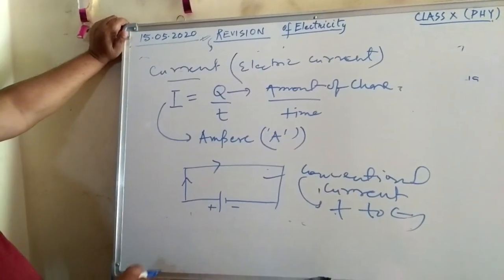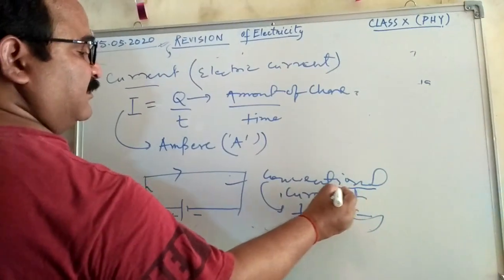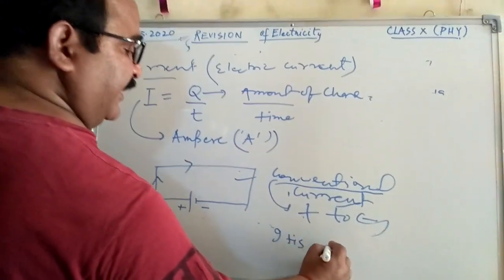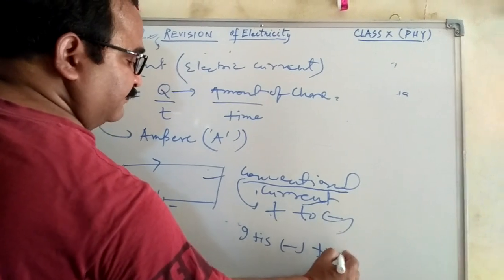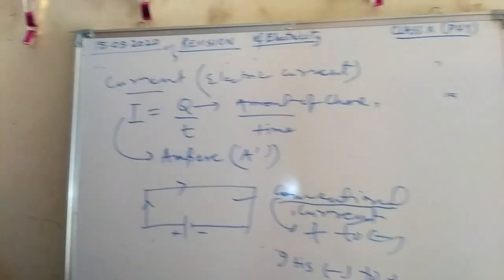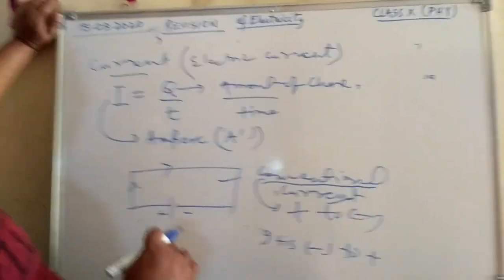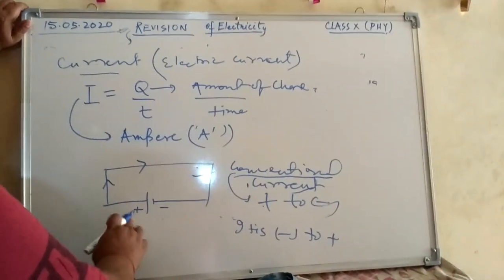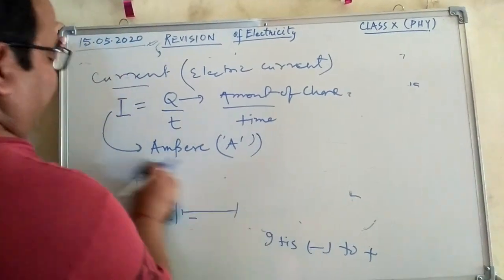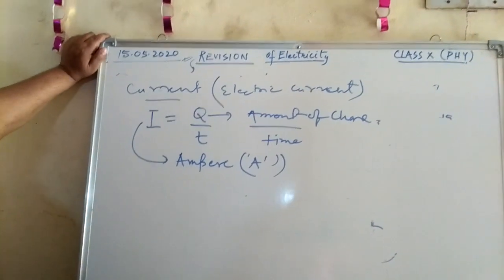So the direction of the flow of charge in a circuit is from negative to positive, but the direction of the conventional current is positive to negative. This is all about electric current, and its SI unit is ampere.